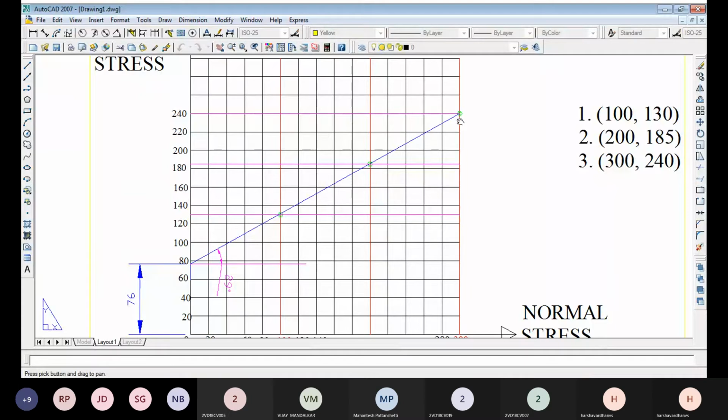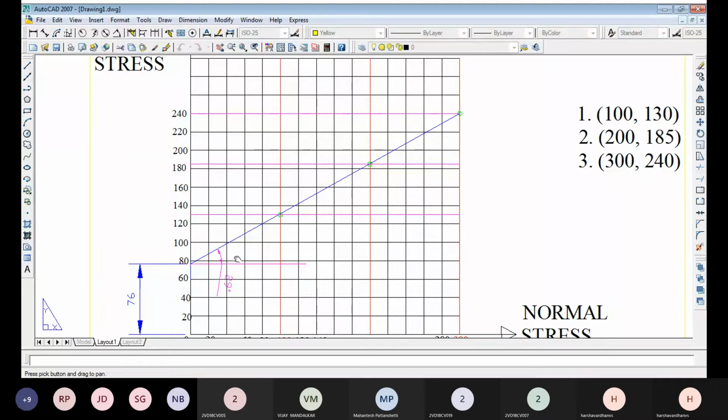I joined all of them by a best fit line. Then I measured its y-intercept, which is 76 kilonewton per meter squared. Then I measured the angle, which is 29 degrees. Okay, this is how you draw the graph for a direct shear test.